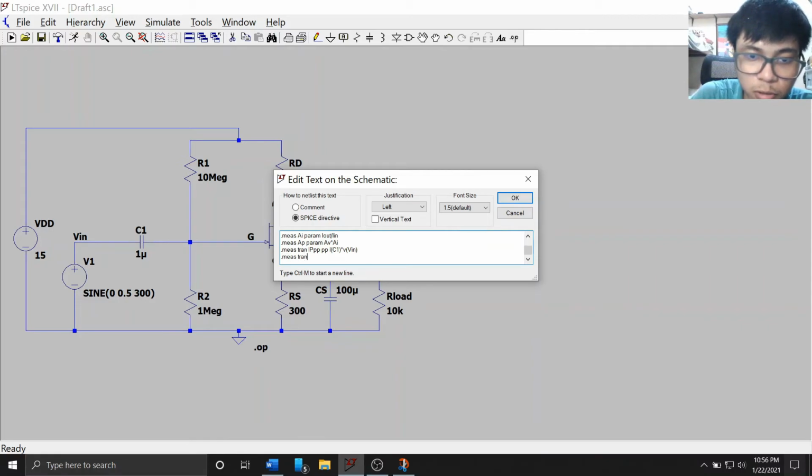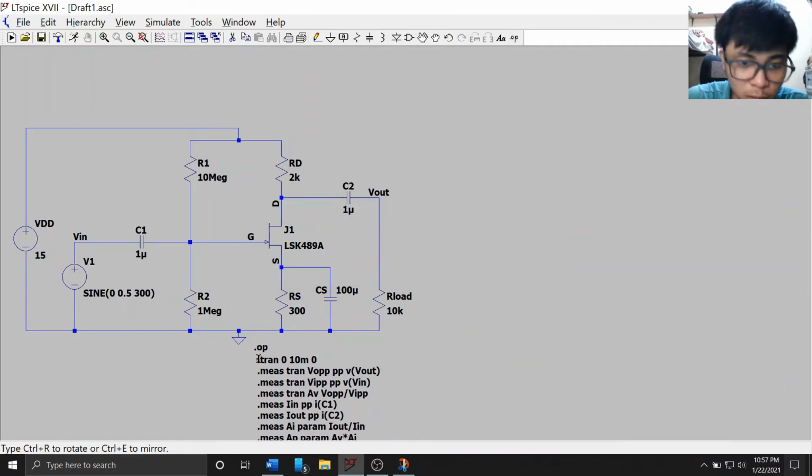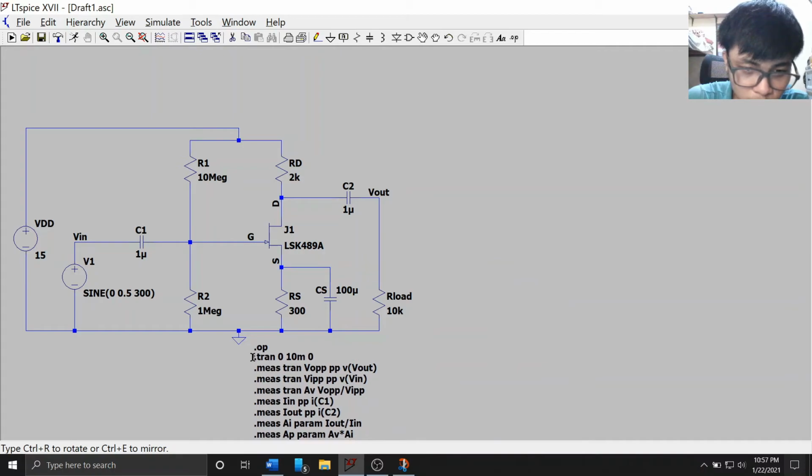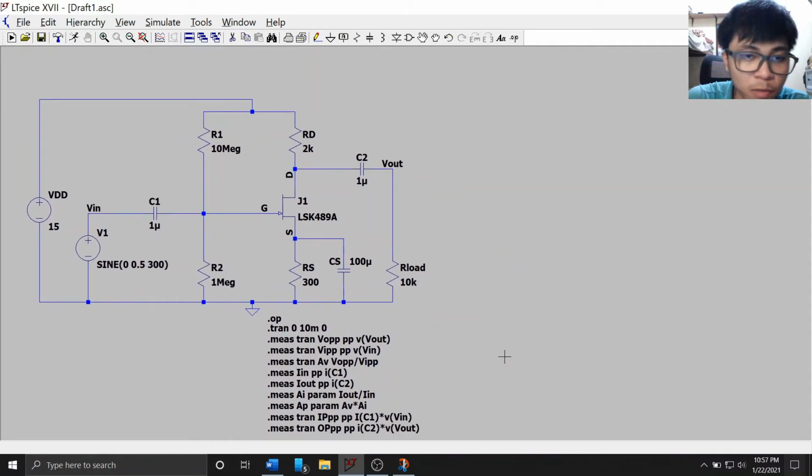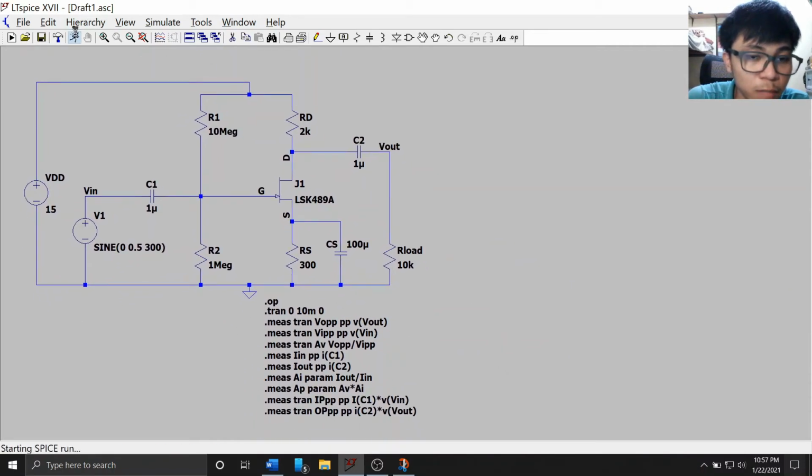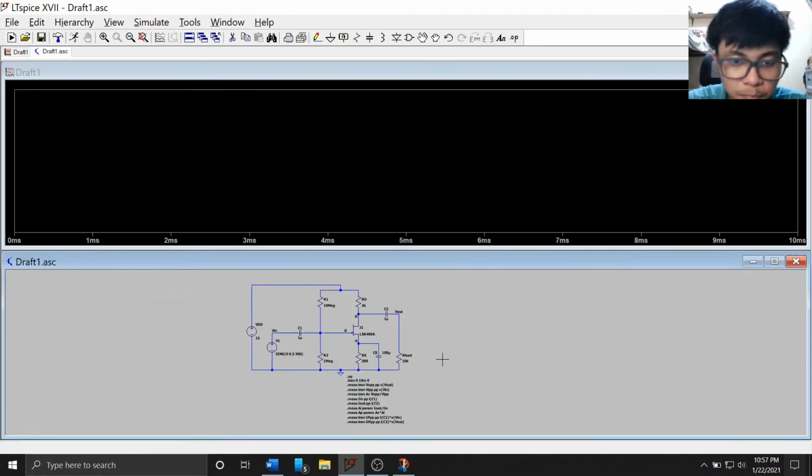And the output power peak-to-peak is equal to the current across capacitor 2, I2, multiplied by V out. So these are all the commands that we need. Enter, just place it there, then we'll simulate the circuit.